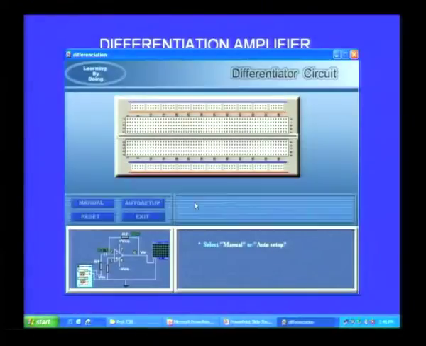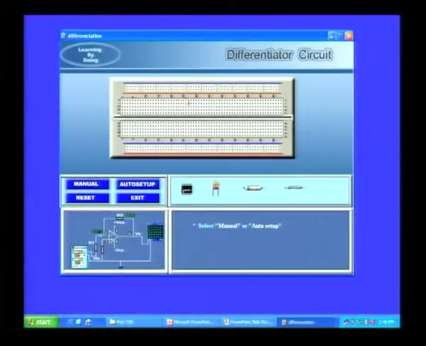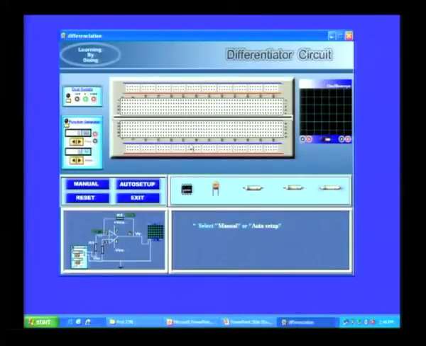Now, I will quickly show you a demonstration, a simulation of the circuit. Here on this screen I have a breadboard, I have the dual supply, I have the function generator which generates a square wave in this case, and I have an oscilloscope on this side.